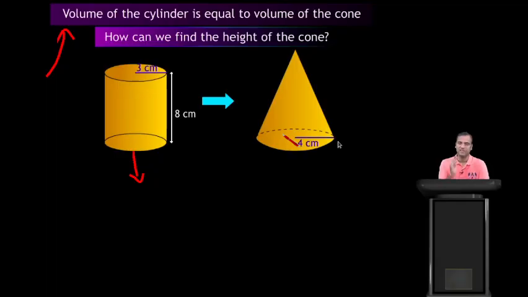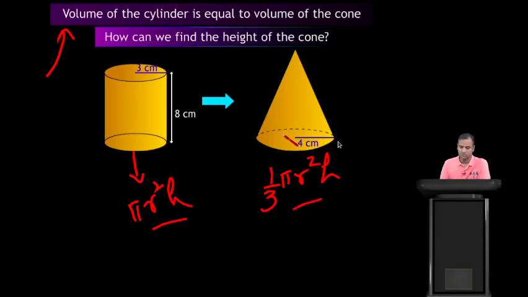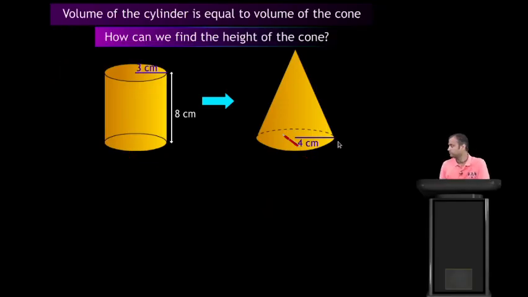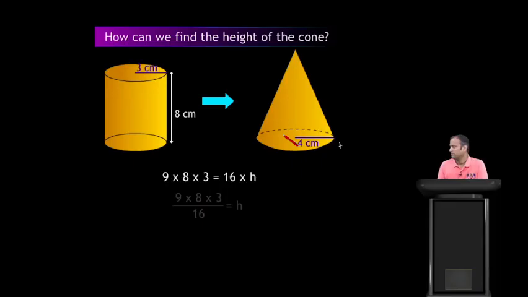Yes, very good. It is pi r square h. And what is the volume of the cone? Okay, that's a very correct answer. The volume of a cone is 1/3 of the cylinder, so we can write this as 1/3 pi r square h. These are the formulas to find the volume. Here we know the values, use these, and after solving we can find the height of the cone.